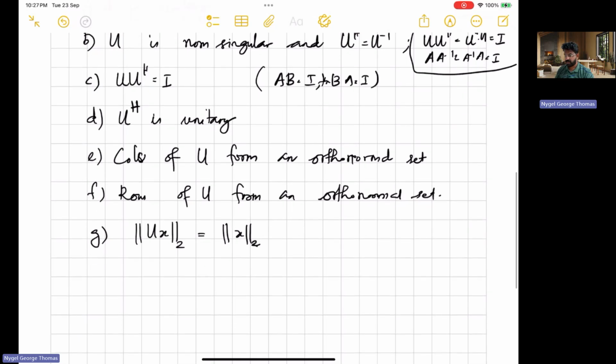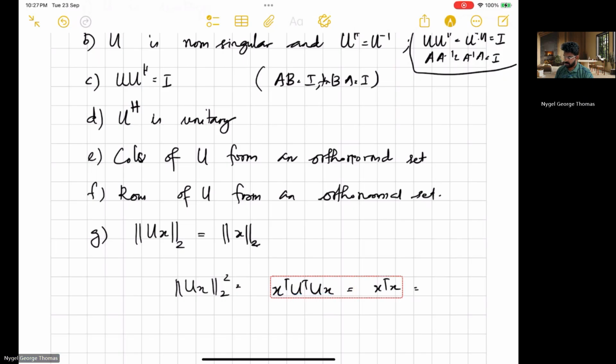The norm squared of Ux is equal to x transpose U transpose Ux. This is equal to x transpose x, which is the norm squared of x. So all these things are equivalent.